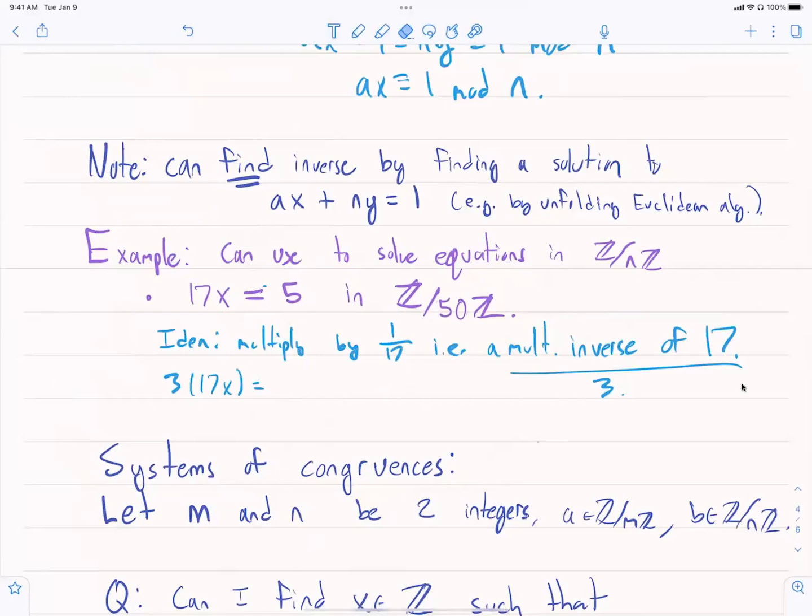When I multiplied that out, I did 17 times 5 is 85, which is not congruent to 5 in Z mod 50Z. The problem is I'd written 35 here instead of 3 times 5. So I wasn't very careful about my multiplication. So let's try this again. So now I get x is equal to 15.